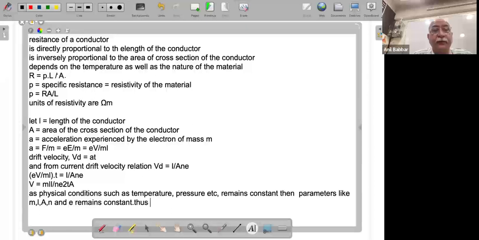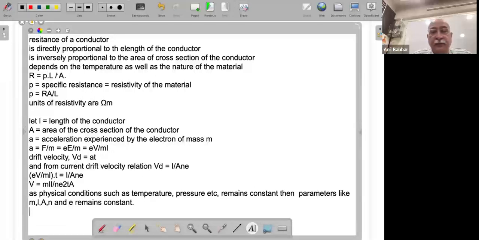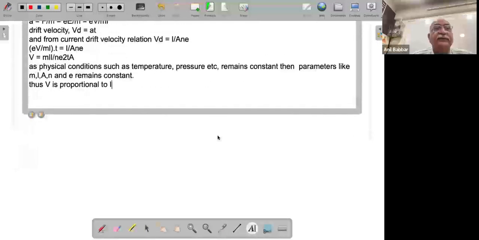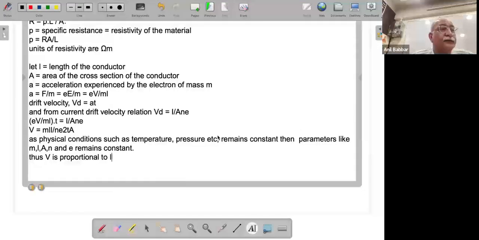Therefore, V is directly proportional to I, which proves Ohm's law. That proves Ohm's law, right?